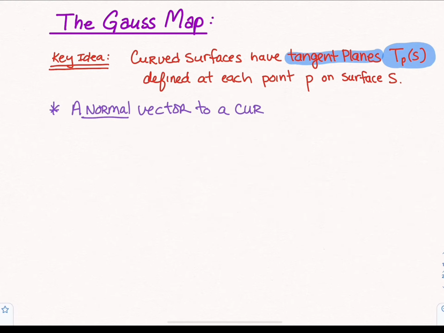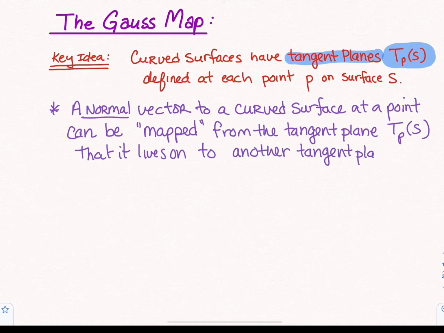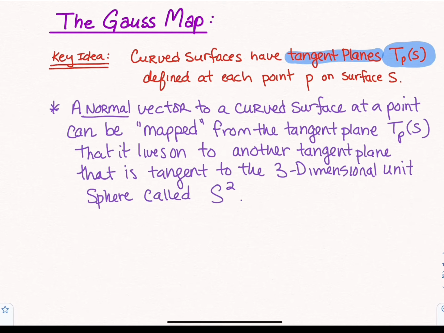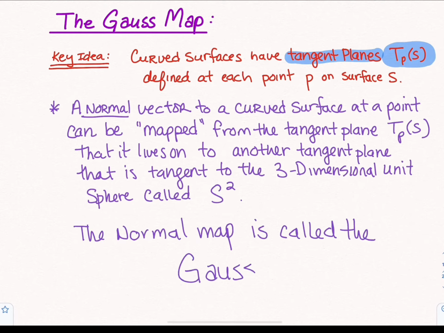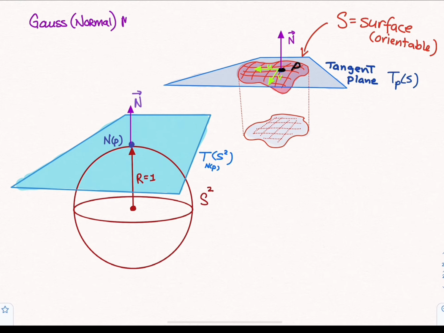Now, the key idea is that a normal vector to a curved surface at a point can be mapped or transformed through a function to the normal vector to the unit sphere. That is, imagine a flat plane sitting on top of a ball and the arrow that points up off of that plane. So the normal map is called the Gauss map, named after Carl Friedrich Gauss, one of the greatest mathematicians of the 19th century.